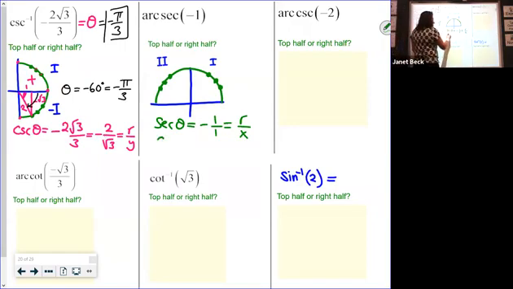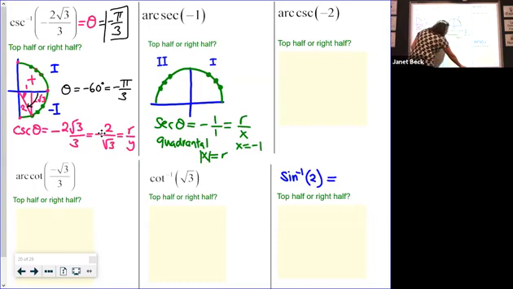And we can see this one's quadrantal, because the length of the x is the same as the radius. So we're not going to draw a triangle. The absolute value of x equals r, and x must be negative 1. So where have we got a point where the x is negative 1? Here. And the angle that's defining is pi.